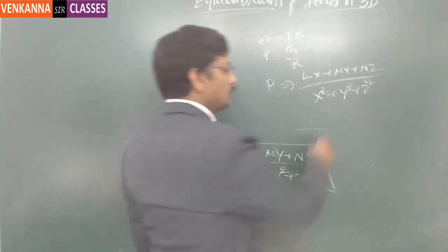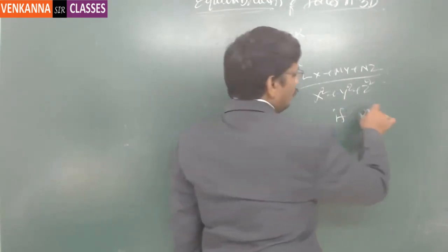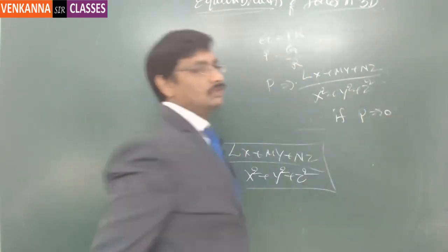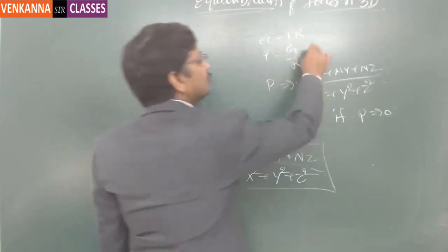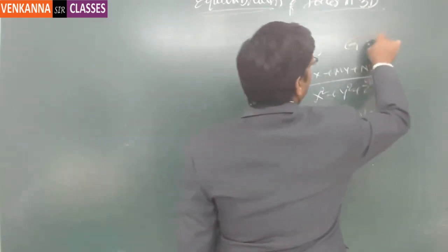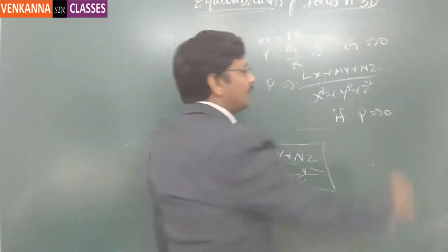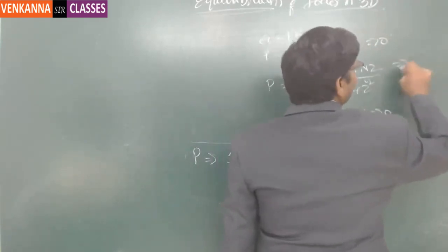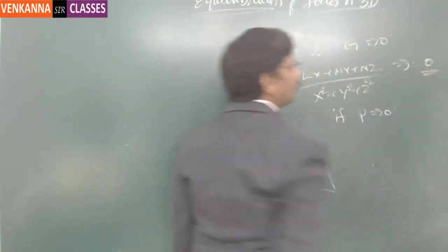If P is equal to 0, then the first equation implies that G is equal to 0, and the second equation implies that Lx plus My plus Nz is equal to 0, which is the numerator part of it.